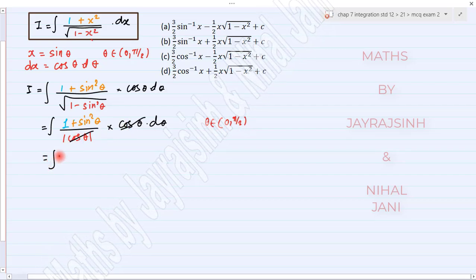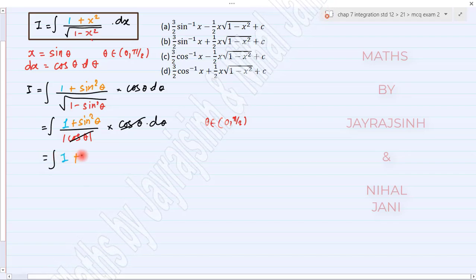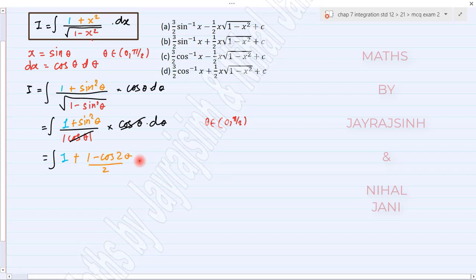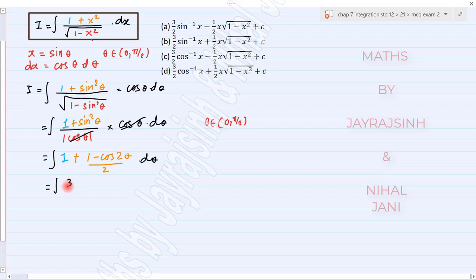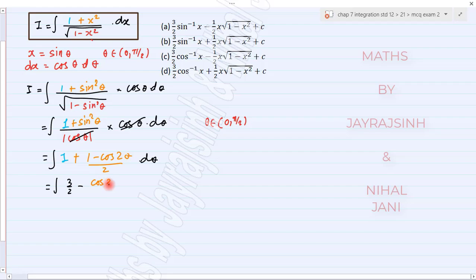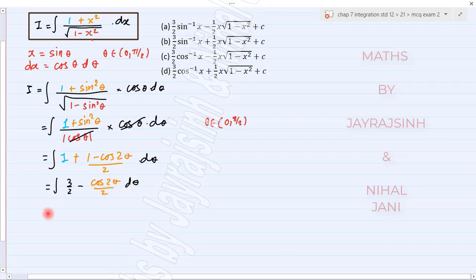We just have to integrate 1 plus sine square theta. To integrate sine square theta, we have to convert it into (1 minus cos of double the angle) by 2 d theta. So, here we'll get 1 plus 1 by 2 is equal to 3 by 2 minus cos 2 theta upon 2 d theta.